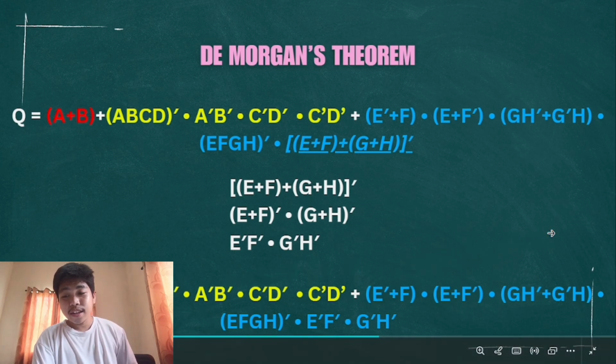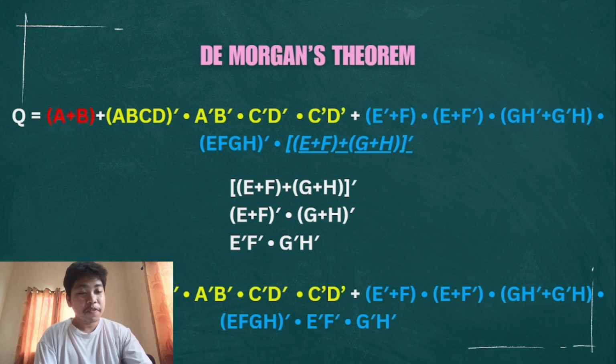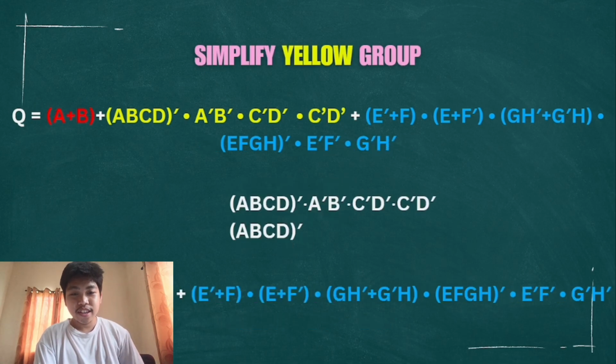After we did a simplification on each term, we will now simplify the yellow group here. So let's simplify the yellow group. When we multiply this whole yellow group, only the common part remains.